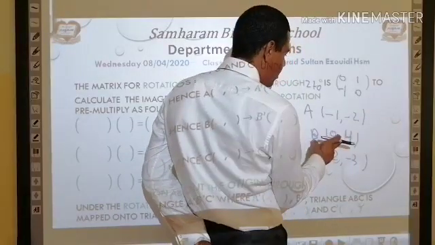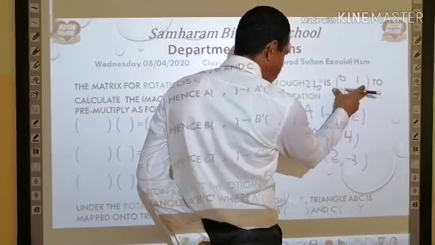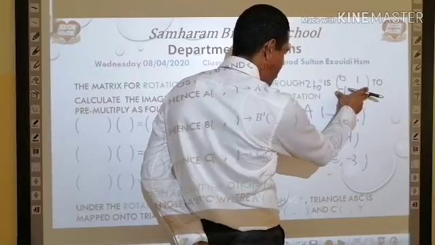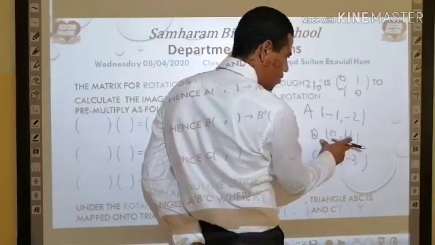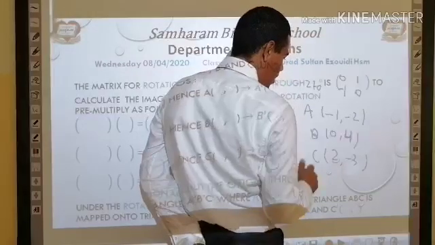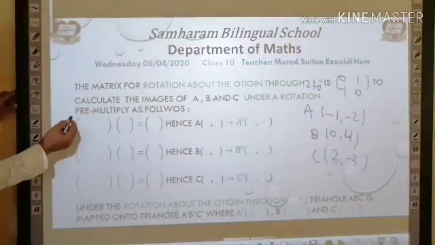Then I will immediately move to multiply this matrix by the column vector of this point to find its image, and C also.